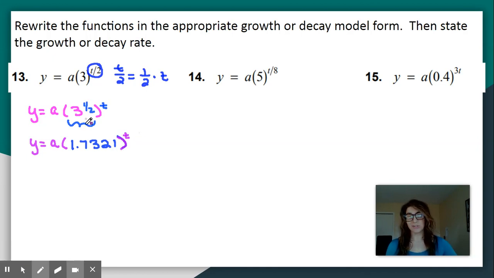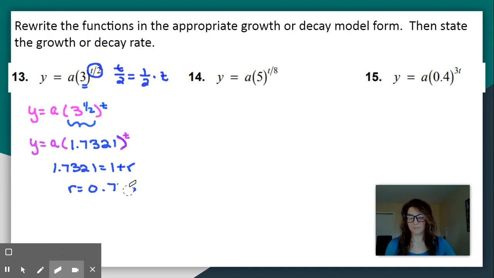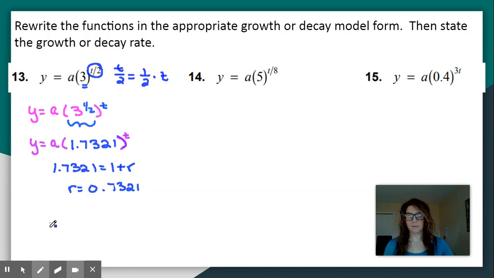Again, this is a growth function, so I can take that inside and set it equal to 1 plus r because it's a growth. It's bigger than 1, and we know how to solve for r. Just simply subtract 1, and you get 0.7321.